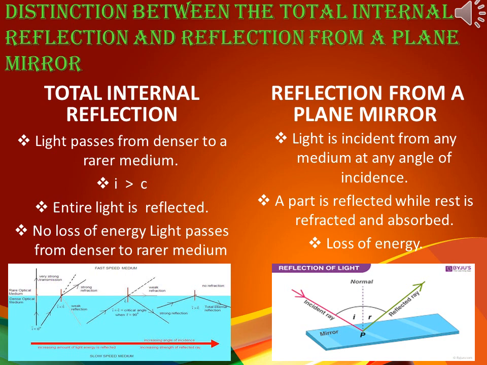So based on this, we can talk about use of a total reflecting prism in place of a plane mirror. A total reflecting prism is used in place of a plane mirror to deviate the ray of light by 90 degree in a periscope and by 180 degree in a binocular as well as in a camera. The reason is that in TIR, the entire 100% light is reflected back into the denser medium, whereas in ordinary reflection from a plane mirror, some light is refracted and absorbed, so the reflection is not 100%.